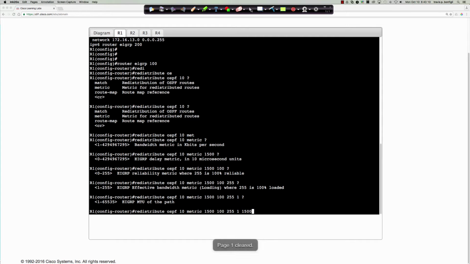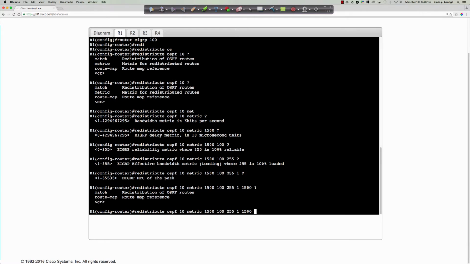All right, so let's clear the screen here. And again, this is a very simple case. If I were to do a question mark, you could see that we have a route map command here. And from the reading in Chapter 4, you'll remember that route maps are going to play a very important part in the information that we are trying to manipulate, especially at layer 3 and especially when we get into BGP.